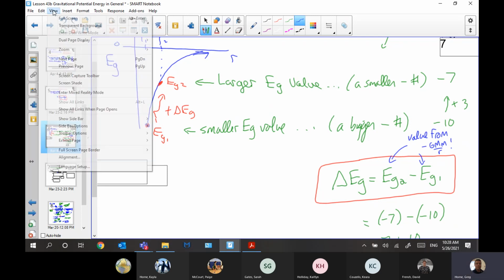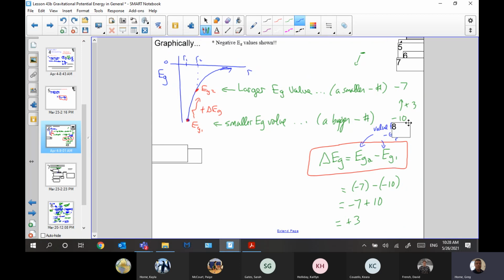So let me just make that visible for everybody. I think that's an important page for you to make note of. The value down here is going to be a larger looking number, but because it's a negative number, that means a smaller gravitational potential energy value. So -1,000,000 is a smaller value than -700,000.